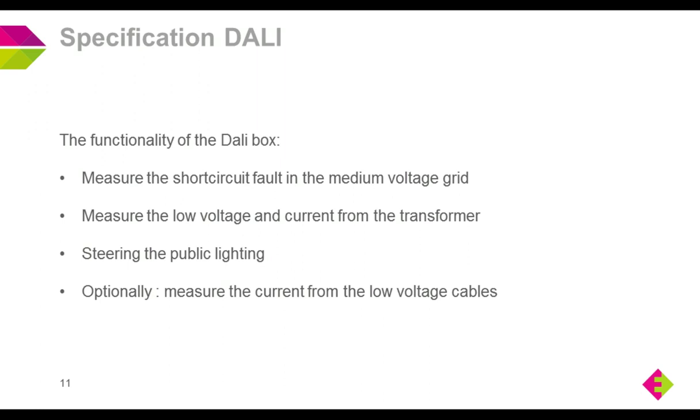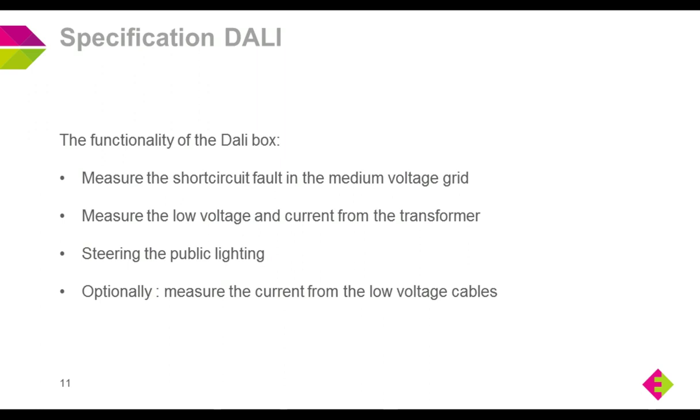We will steer the public lighting, and especially in Holland we have tone frequency steering in the substation, and the tone frequency steering is aging, so with the DALI box we will go to a new steering program. And optionally, and that's interesting, we will start to measure the current from the low voltage cables.